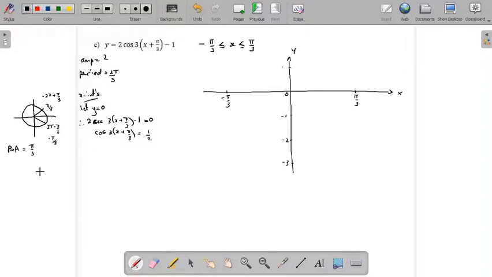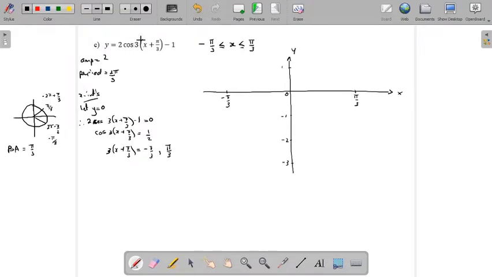All right, so 3 times (x plus pi on 3) is going to be equal to negative pi on 3 here, and then at positive pi on 3. What are we missing?